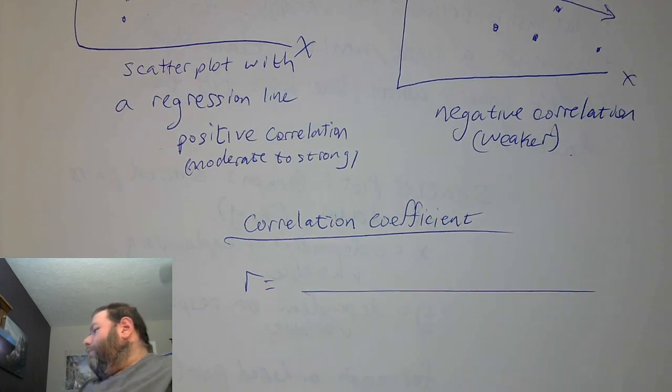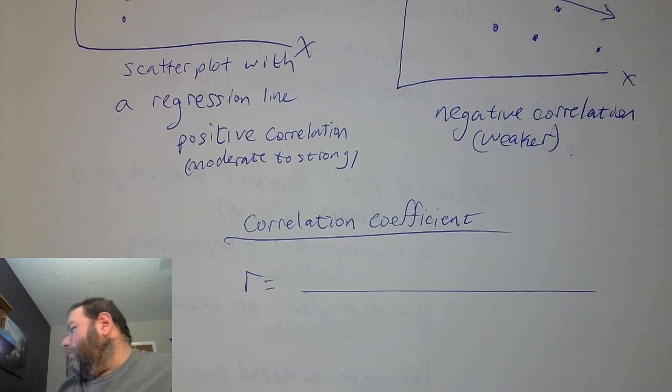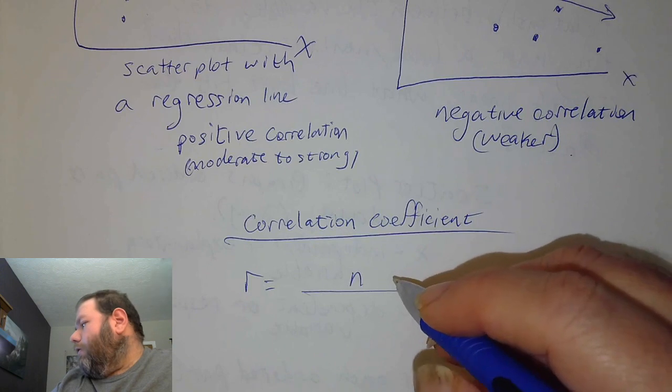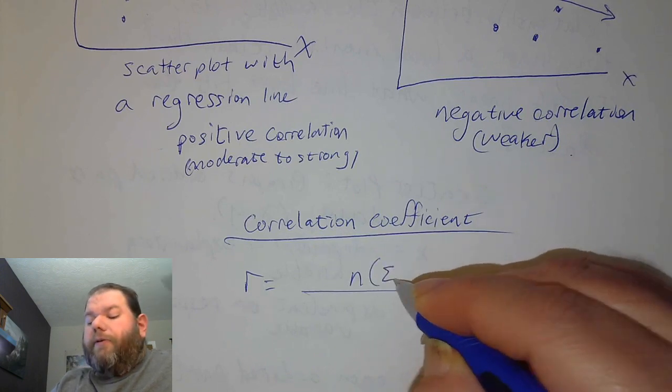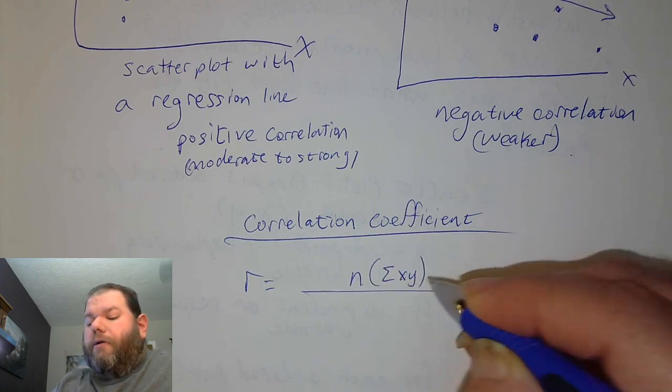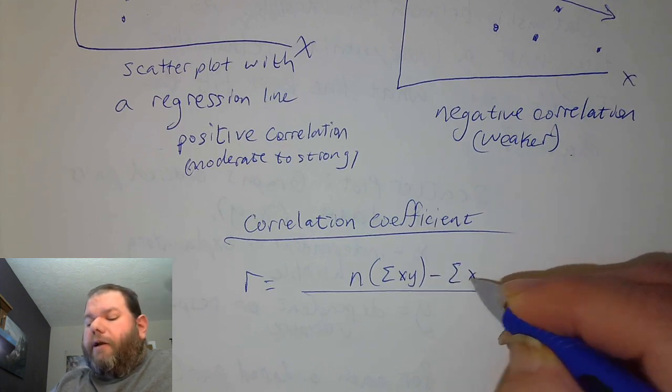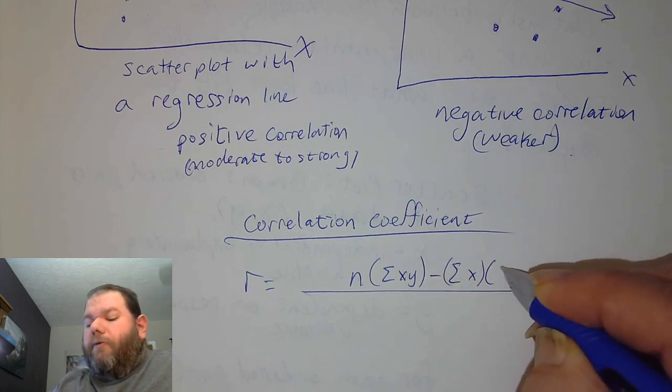On the numerator, we have n times the sum of x times y minus the sum of the x's times the sum of the y's.